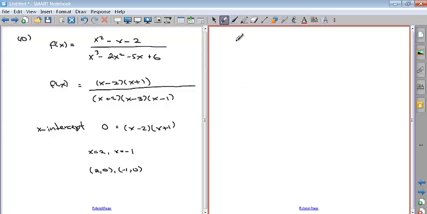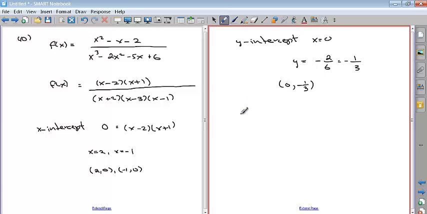Okay, the y-intercept, you only have one y-intercept with functions. You would set x equal to 0, and you would get y is equal to negative 2, 6 from the constants. That's negative 1/3. So that's my y-intercept. So I'd have 0, negative 1/3 would be the point.